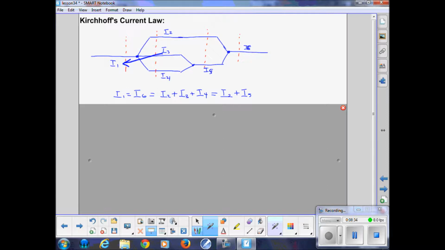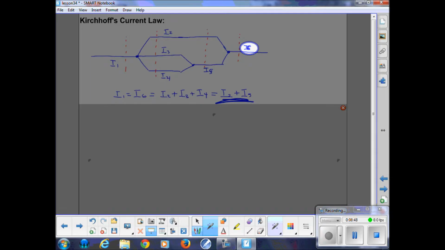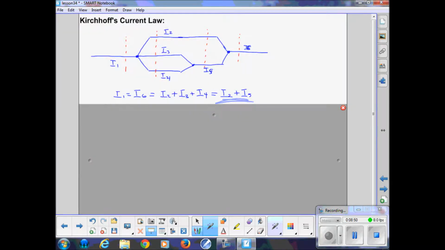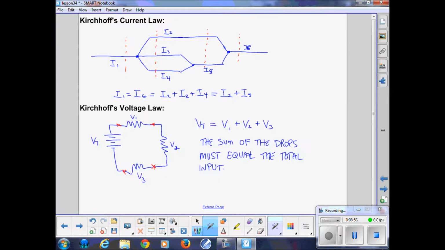So it's just peeling off the current, moving it into different locations. Similarly, at this stage, there are 2 paths the electrons are on. If we add I2 and I5 together, it's still going to equal I1. And then when they combine, we still have our total current. It doesn't matter where you are, the total amount of current remains constant, but it might get spliced off into different pathways.